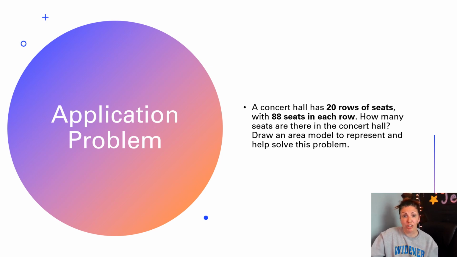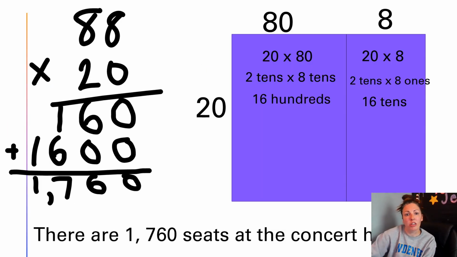So what I would like for you to do right now is stop or pause this video, and I would like you to solve the problem. And then when you're ready, I would like you to come back and we'll go through it together. Good luck.